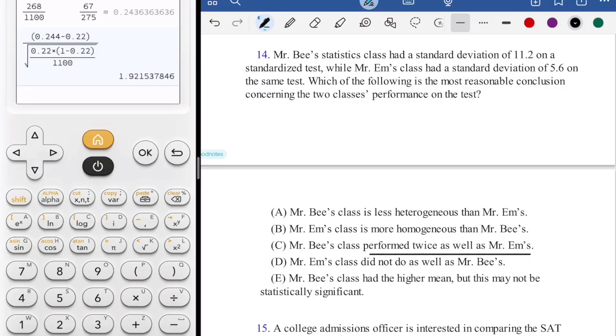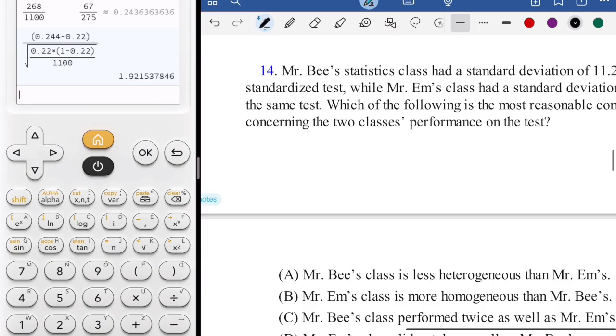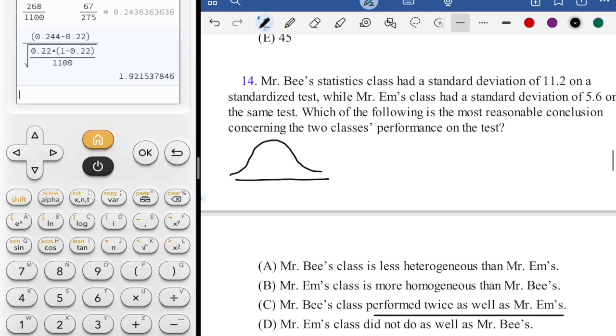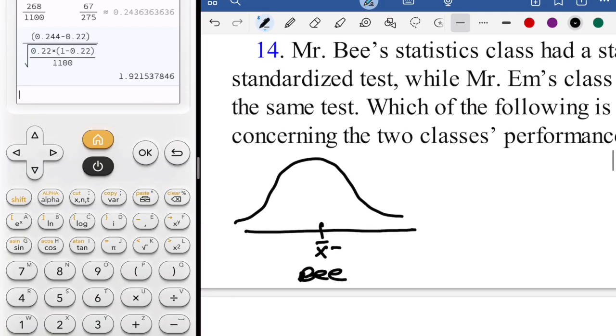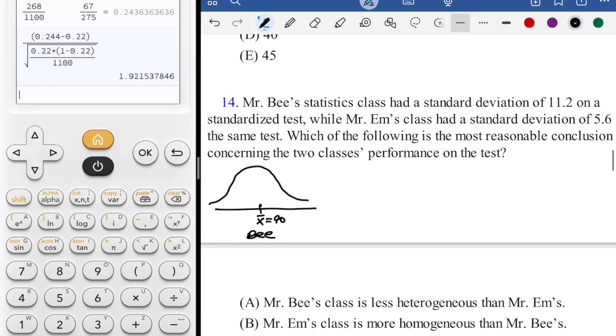I don't know how we would be able to determine that. I'll just give you a quick example. If you have some sort of distribution, I'll draw it like a normal, but it really doesn't have to be, with some average in the middle. We'll call that X bar, and say this is for Mr. B. That X bar could be whatever. Let's say it's a 90. The standard deviation is a measure of spread.